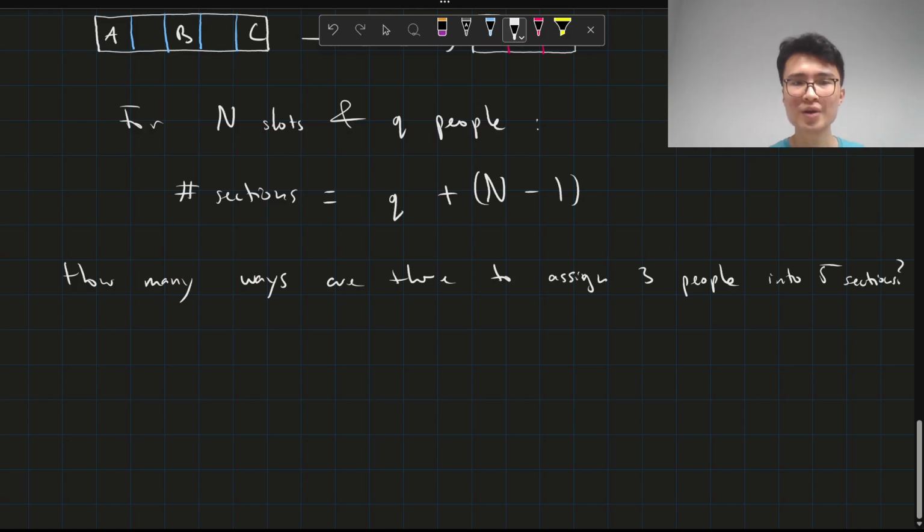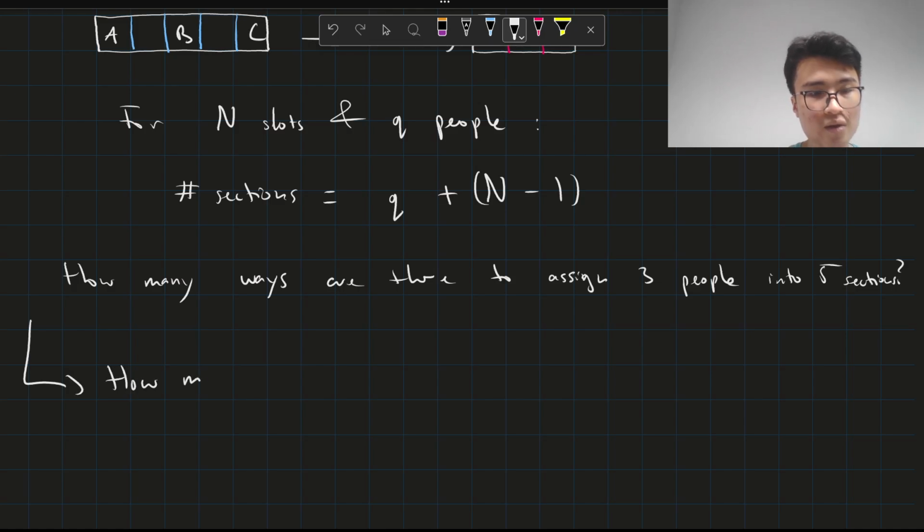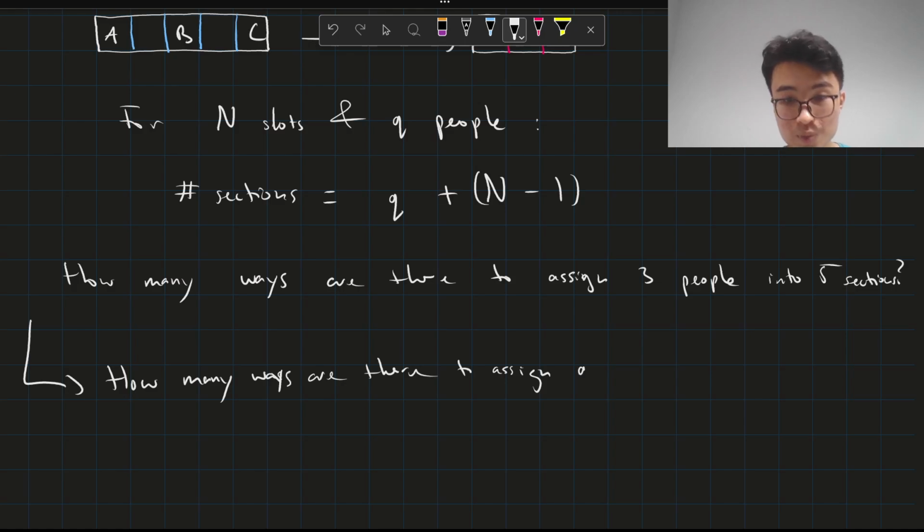When you are dealing with n slots and q people, the question you're really asking in order to solve this puzzle is how many ways are there to assign q people into how many sections? q plus n minus 1 sections.